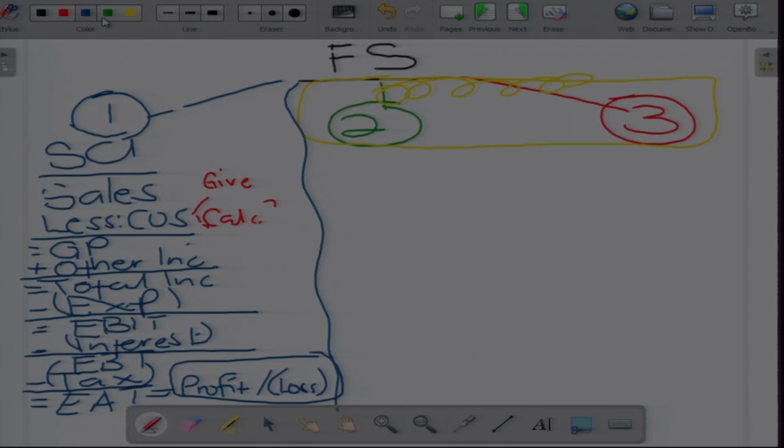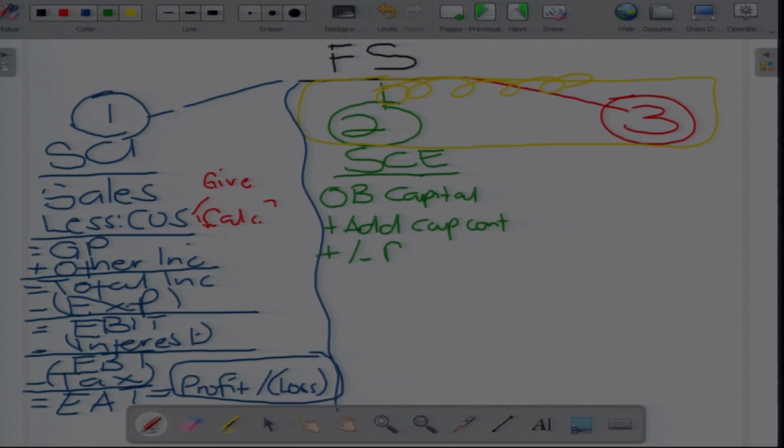The second statement, I'm just going to write the formula for you, is opening balance. This is called the statement of changes in equity. This one is only interested in the owner's money. So it's opening balance, capital, plus additional capital contribution, plus or minus profit.